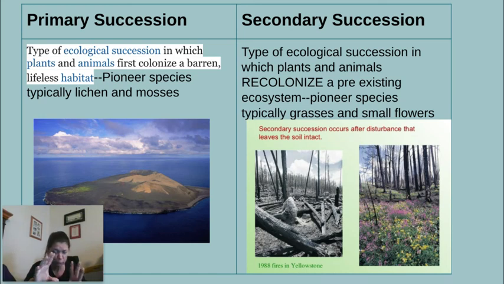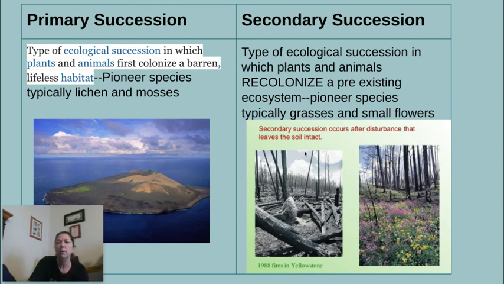So the rocks will be broken down, and again, it'll repeat and repeat till you get layers of soil, and then you get smaller plants, things like grasses, flowers, which will draw in pollinators and herbivores, and then over time, those plants will start to change over into bigger plants, things like smaller trees and shrubs, and then eventually you'll be left with a climax community, a healthy community.